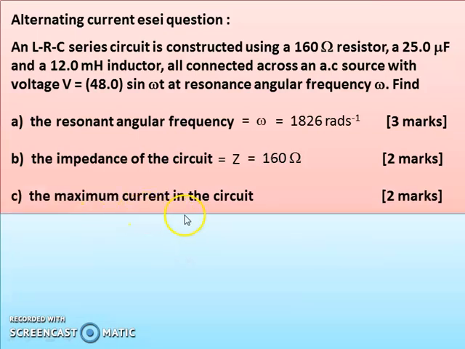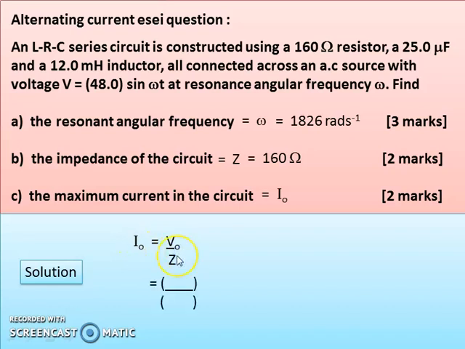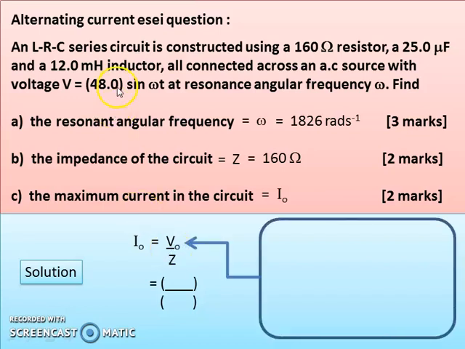The maximum current in the circuit, I naught or I peak. The solution is from V equals IZ, so I equals V per Z. If you use I peak, V also must use V peak. So V peak can be found from the voltage given, which is 48.0 sine omega t.